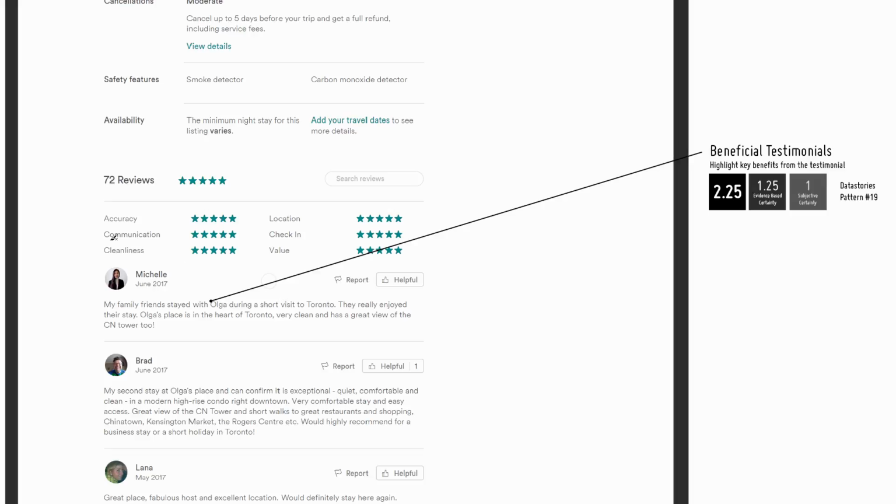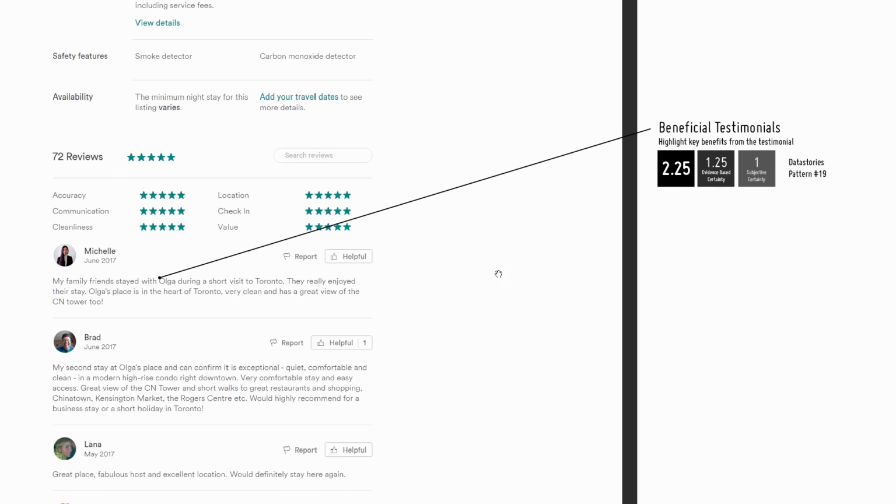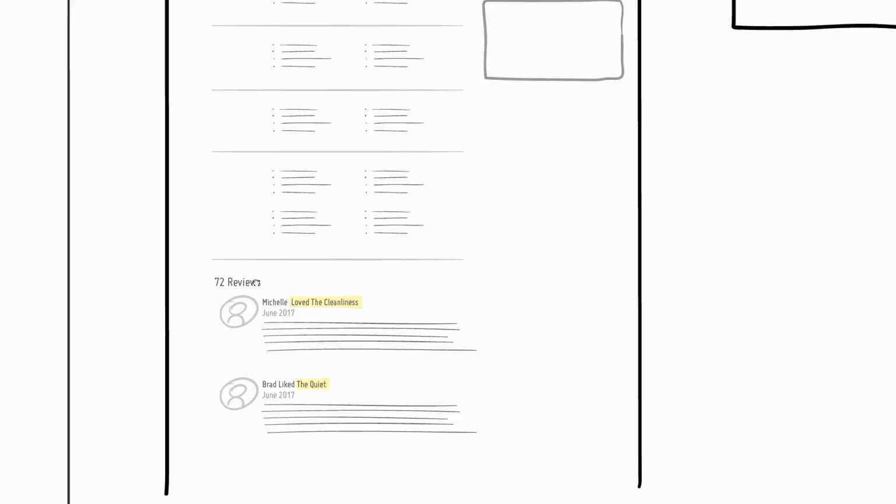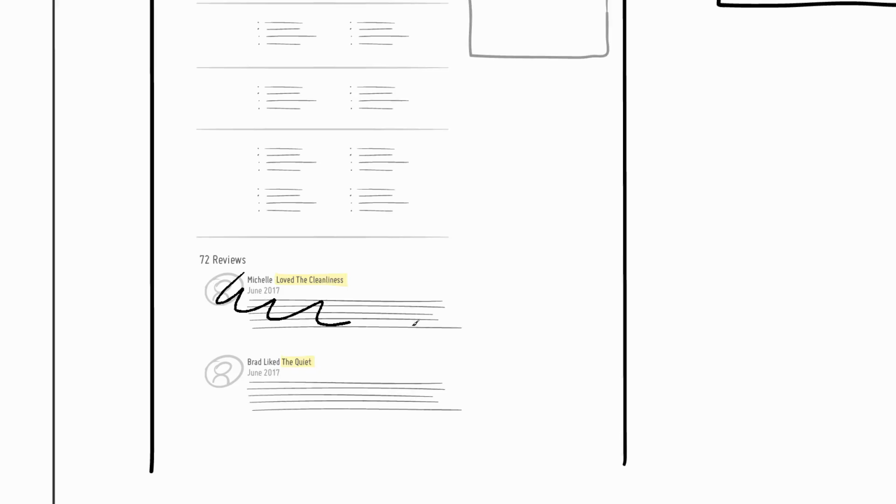All right. What else? One more idea here, or two more ideas. Beneficial testimonials. Okay, so there's testimonials here shown in a particular way, which is, I think, great. There is another way of presenting testimonials that we found to be effective, and that's doing this. Very similar to what Airbnb is doing, except highlighting the key benefit or key statement that the person expressed.